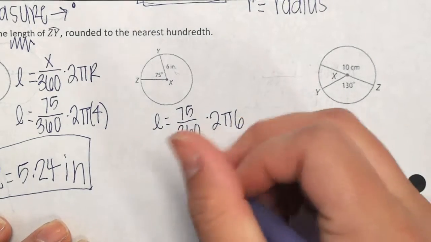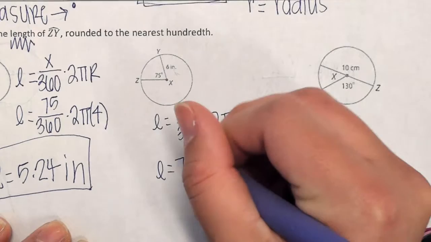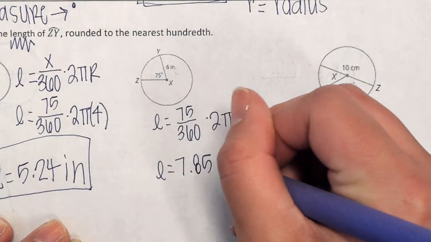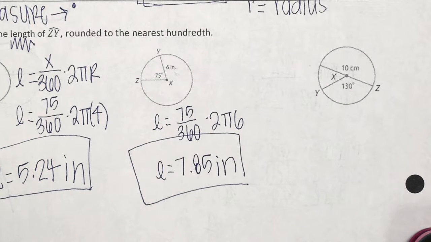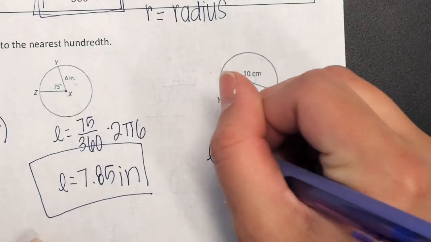Did y'all get 7.85? 7.85 what? Inches. Do number 3 once you're done. Okay, you might have to do the same thing, Dylan. Press 75 divided by 360, equals.